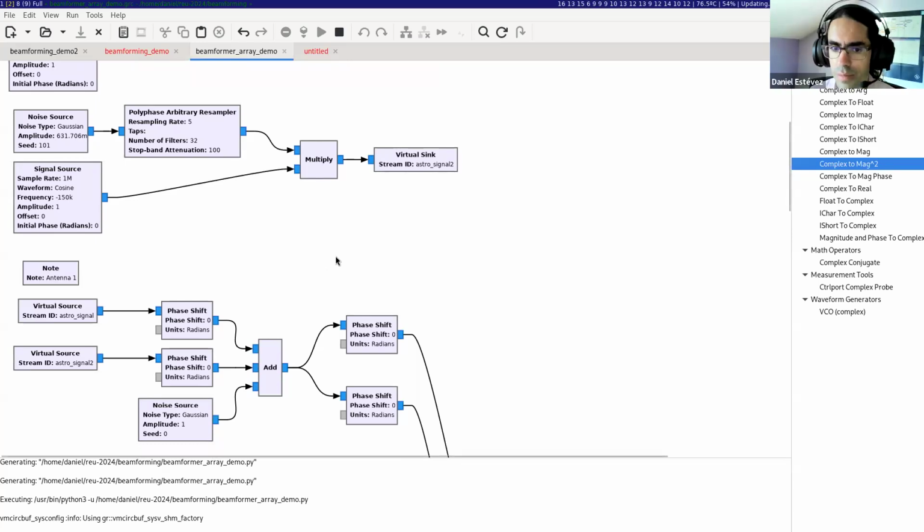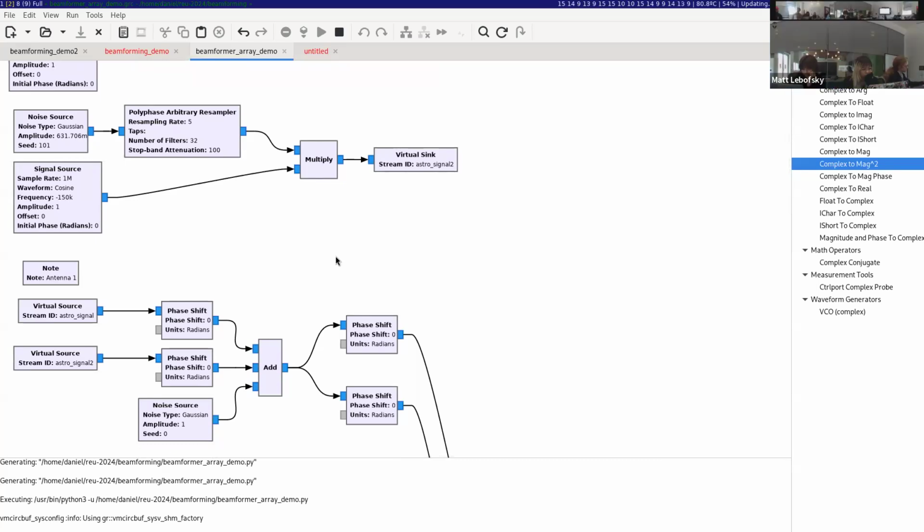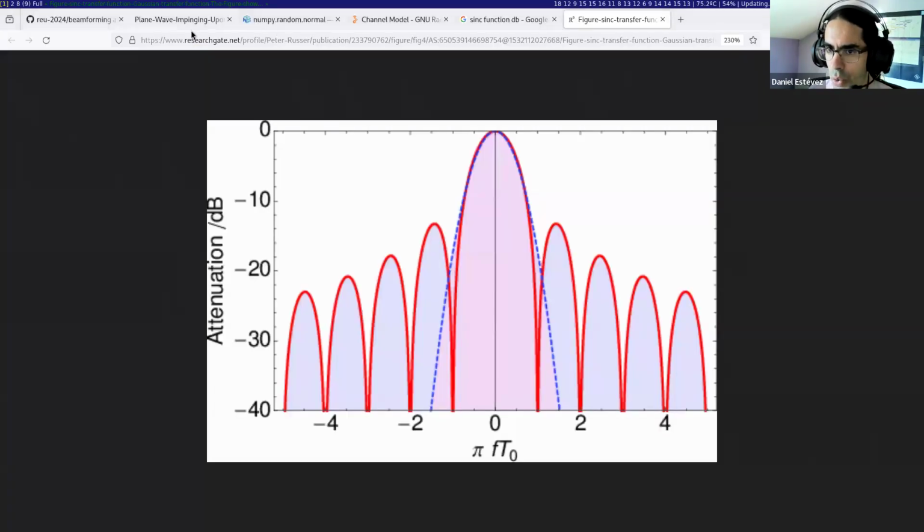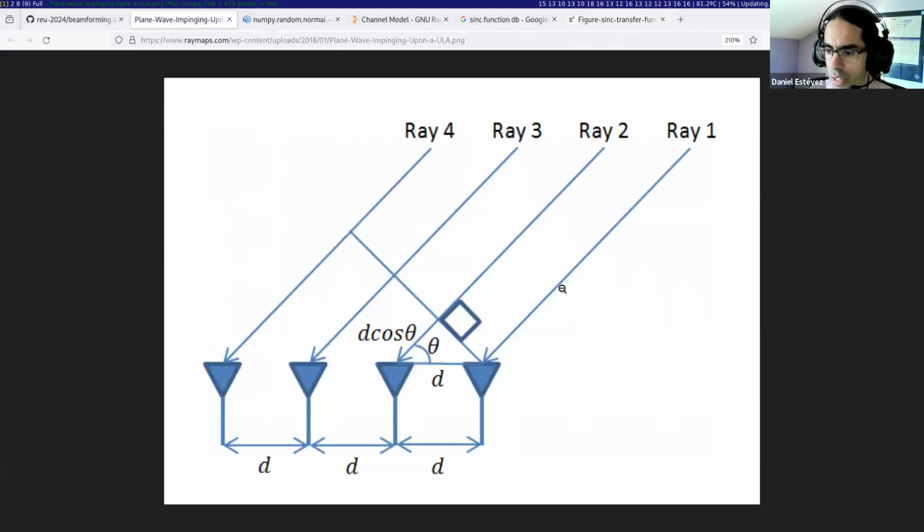Other questions? How would you model the phase delay for antennas that aren't perfectly in a line? Good question. So I wanted to get to that, and now it's a good moment to do that. If we go back to this diagram, basically the basic math is the same.